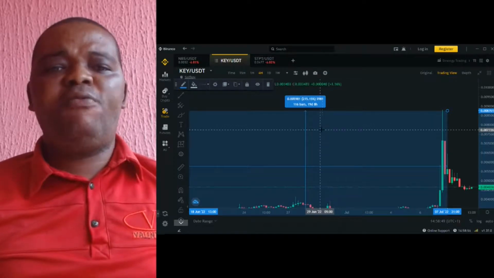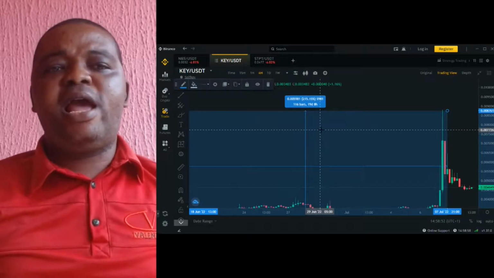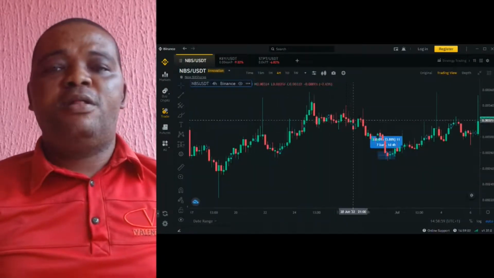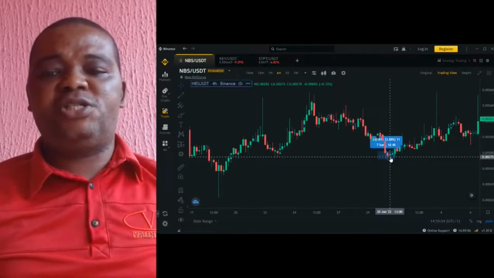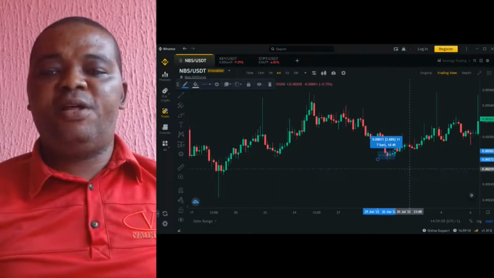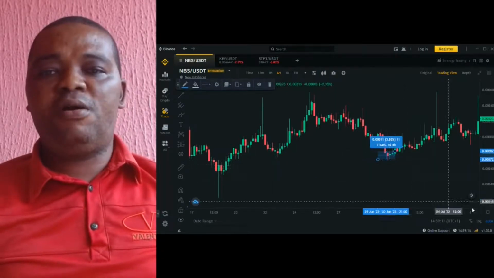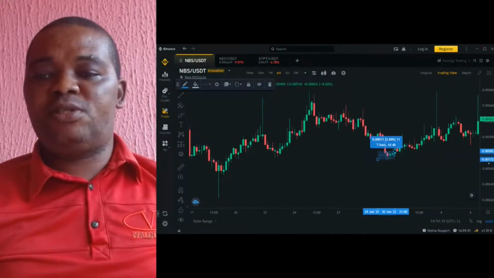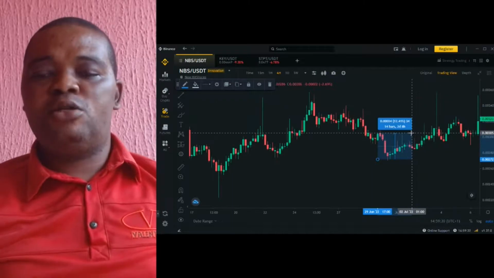Okay, moving on to the next crypto ticker symbol, NBS. The most current bullish trend section of the NBS USDT cryptocurrency pair started from the lowest price of this green candlestick bullish trend starter, which is 0.00272, and bounced up by 12%.